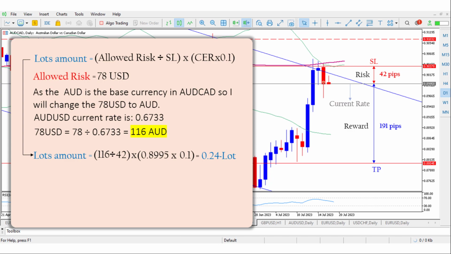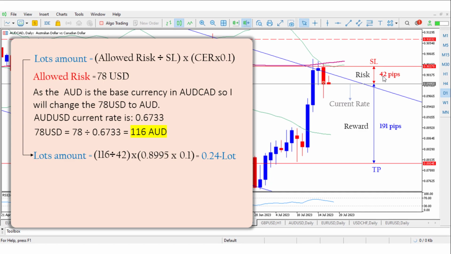The reason is that in the AUD CAD trade the risk amount is 42 pips, but in USD CHF the risk amount was 15 pips. So remember this: anytime you are changing your risk and reward ratio, please recalculate, because it directly affects your volume or loss amount. So finally I decide to trade 0.2 lots.